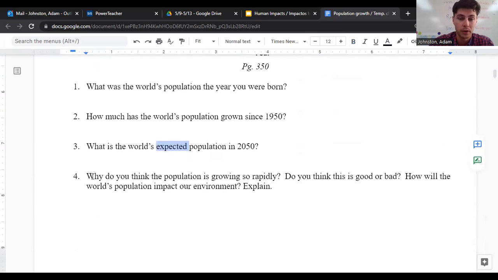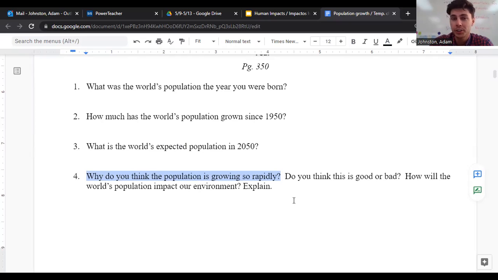And finally, number 4, this one question actually has 3 questions within it. First, why do you think the population is growing so rapidly? Think about how population grows. When generation A has kids, those kids then have kids, and those kids then have kids themselves.